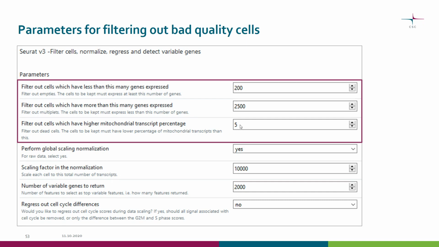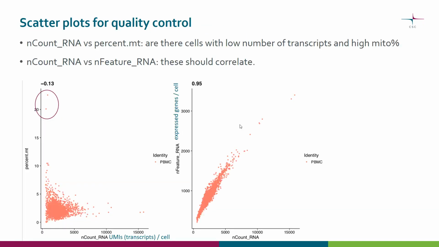Now there was another plot that I skipped. This is basically using the same information, just plotting it differently. Here we have scatter plots. In the first one here, we have the percentage of mitochondrial transcripts versus number of transcripts. Here we want to see if there are cells which might have a small number of transcripts in total, and then a high percentage of those are mitochondrial, so they are likely to be dead cells.